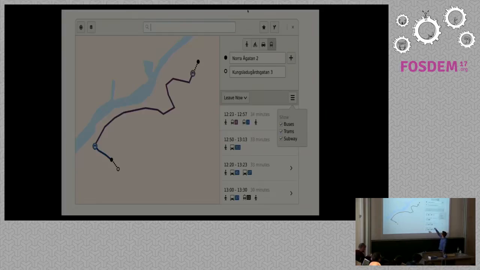I know where I need to switch. And also the leave now is the default, and it has a drop down for arrive by, because it made sense as a default.